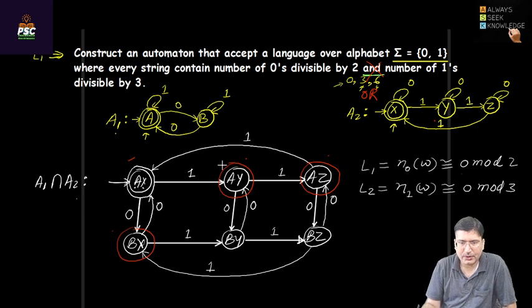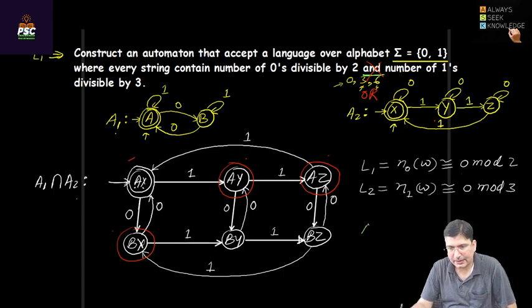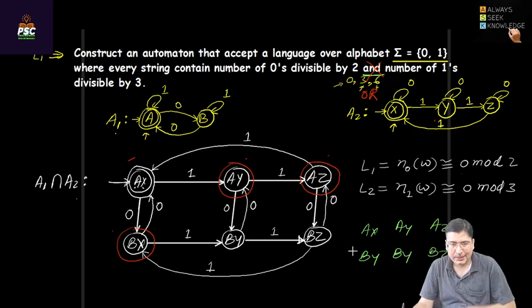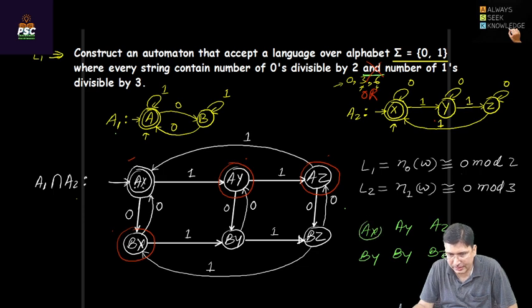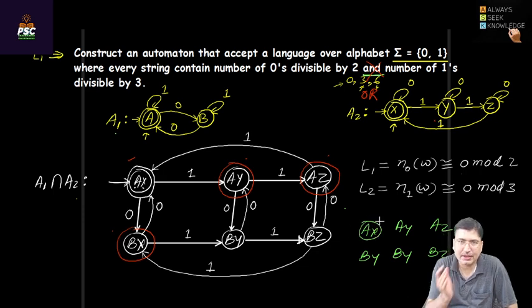So in case of union, when you are combining A, B with X, Y, Z, the states we have are AX, AY, AZ, BX, BY, BZ. Here A is the final one. In case of union, wherever a final state from either A1 or A2 comes, it will become the final state.